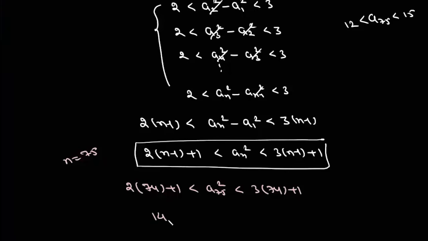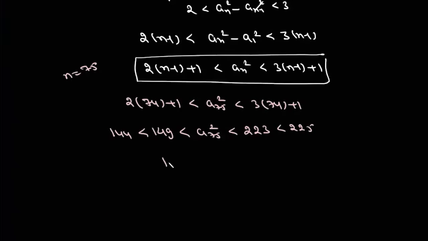Now this is 149. It is less than A75 square, and will be less than 223. Now we know that 149 is greater than 144 and 223 is less than 225. We can write 12 square is less than A75 square and will be less than 15 square, or A75 will lie between 12 and 15, and that is the answer to this question.